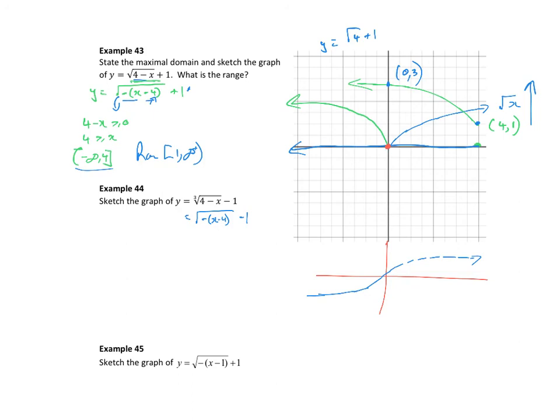What's happened? It's reflected about the y-axis. So look where it is now. It's really going to come this way, isn't it? It's going in the opposite direction. And then we're 4 units to the right. So that point there at 0, 0 is going to go 4 units to the right, and 1 unit down, which we'll call there.